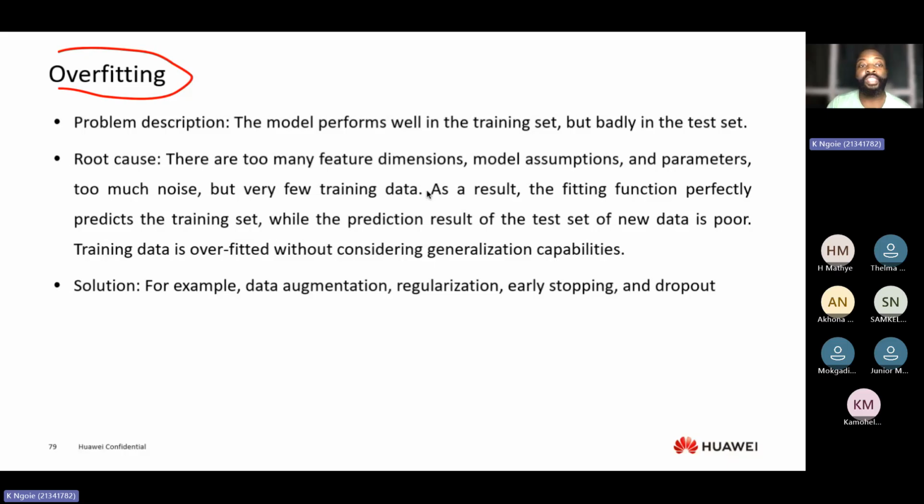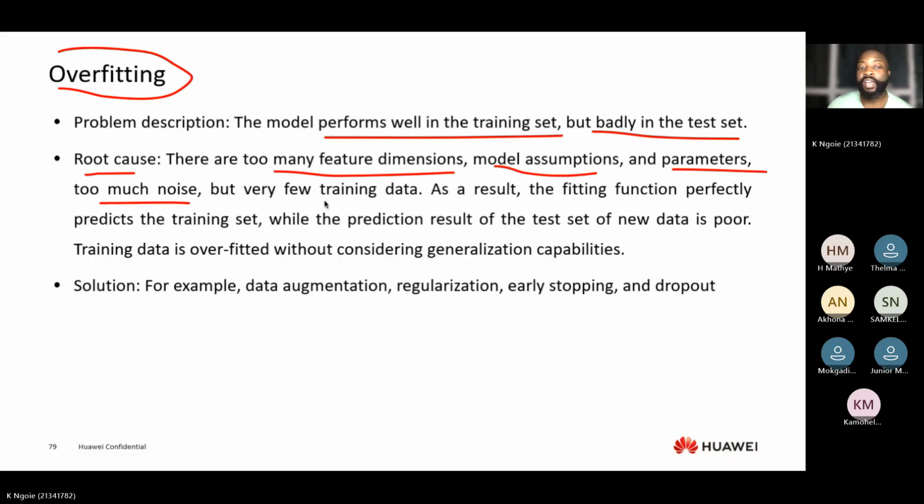In this case, you will see that your model will perform well in a training set, but very badly in a testing set. What can cause that? You have too many feature dimensions, or you have so many assumptions or parameters, too much noise, but you just have few training data. As a result, the fitting function will perfectly predict the training set, while predicting the result of the test or new data will be really poor.